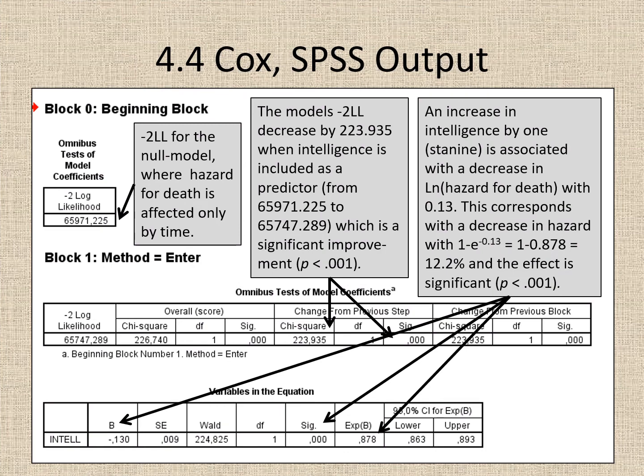It will decrease. Because of course, even with a bad predictor, you can explain some of the variation in the outcome. So it decreases. How much does it decrease? Well, in this case, it decreases from that value, 65,971.